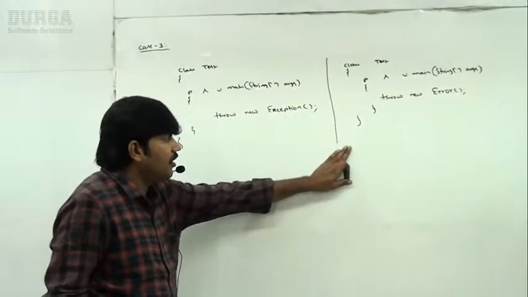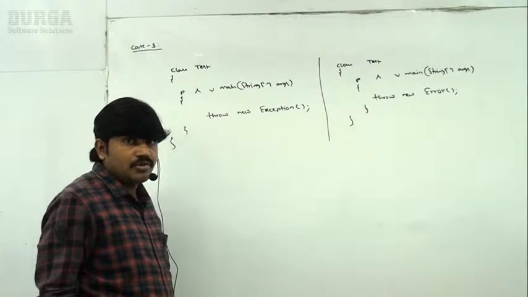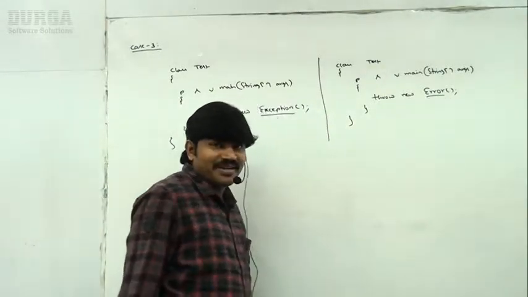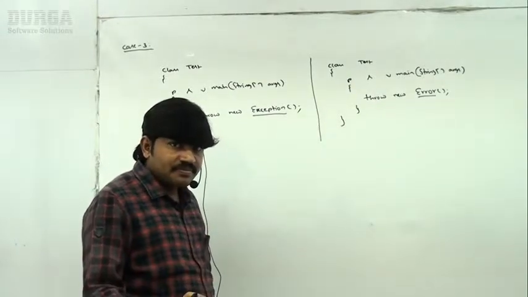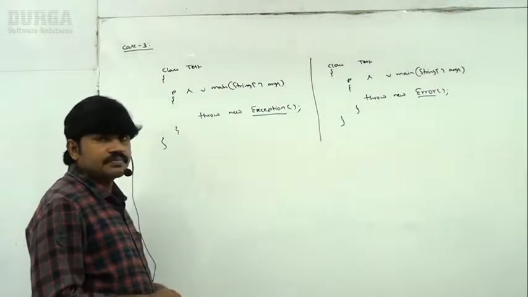Can you please confirm what is the difference between these two things? Don't tell me, sir, here you took exception, here you took error. It is not my required difference. With respect to compile time, is there any problem? Please confirm.